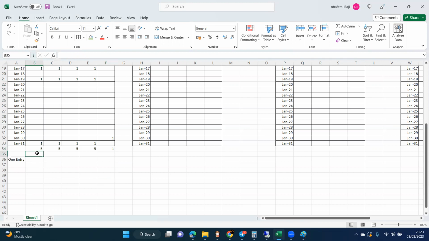So this is going to be equal to 2 times this. This is going to be equal to 3 times this. This is going to be equal to 4 times this. This equals 5 times 5.